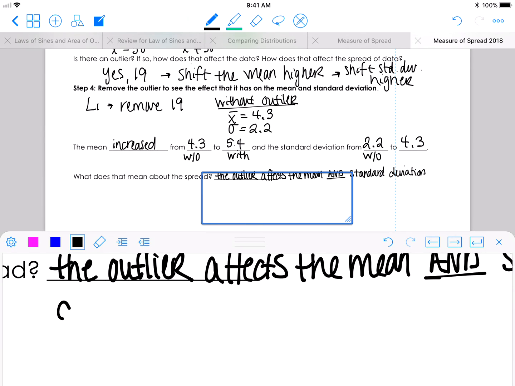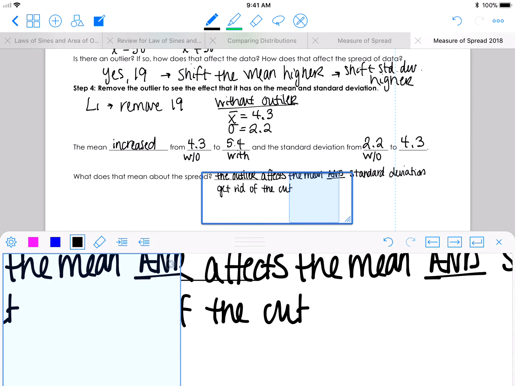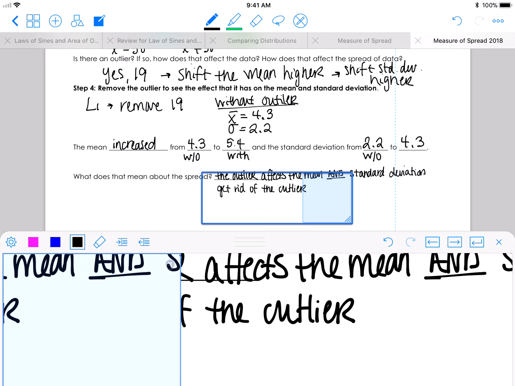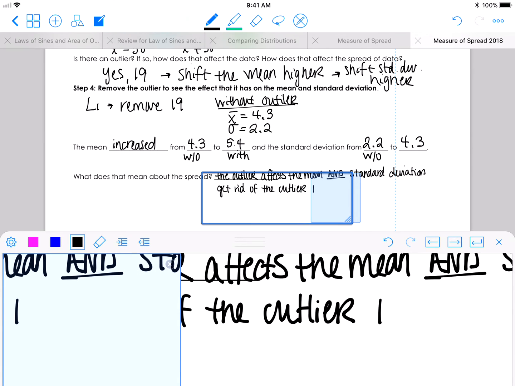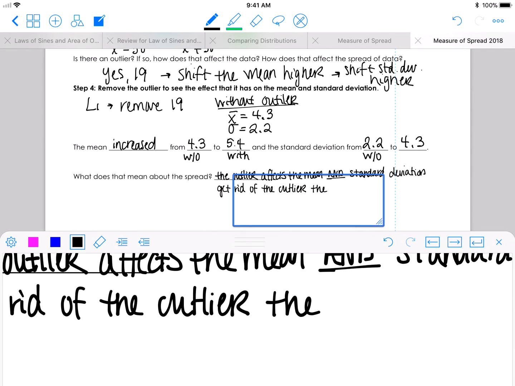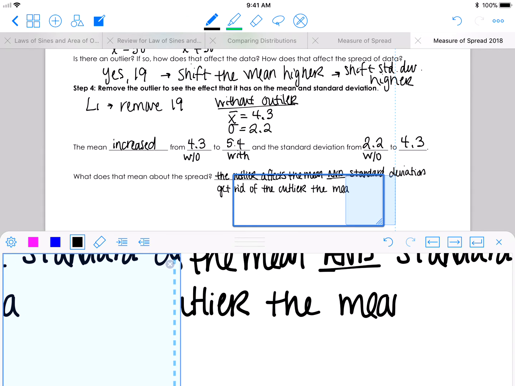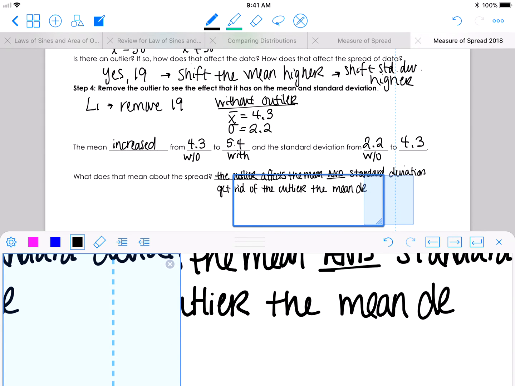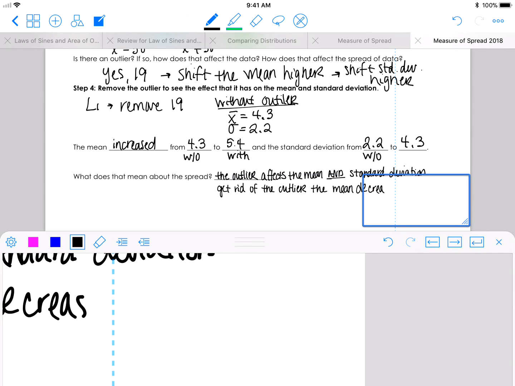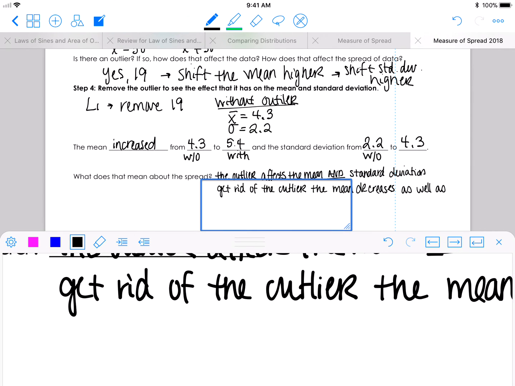So if you get rid of the outlier, the mean will decrease, as well as the standard deviation.